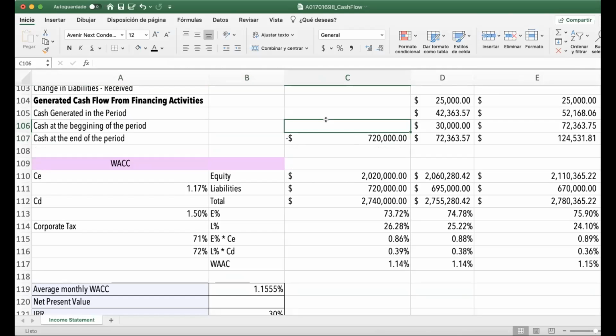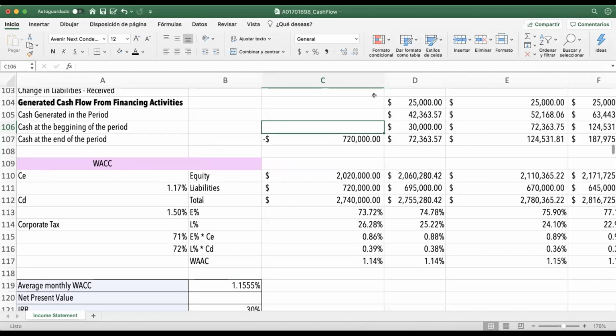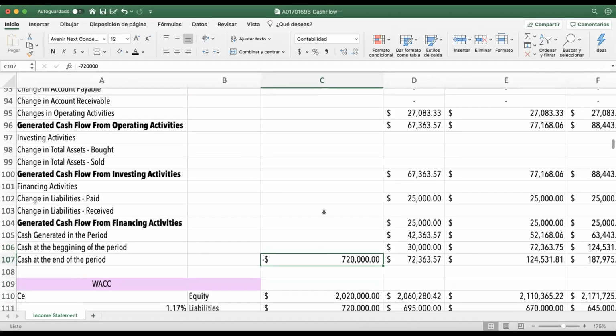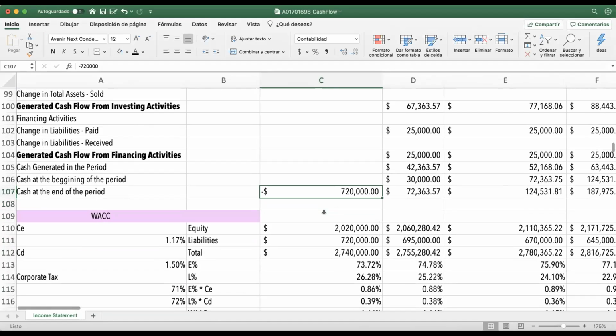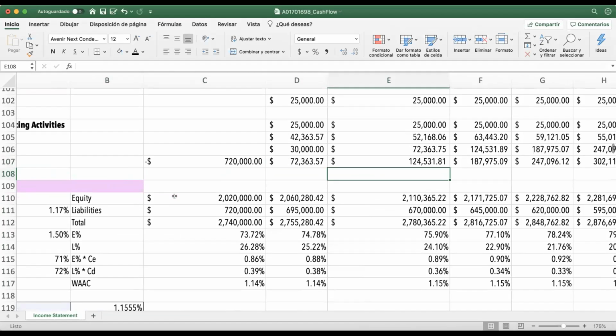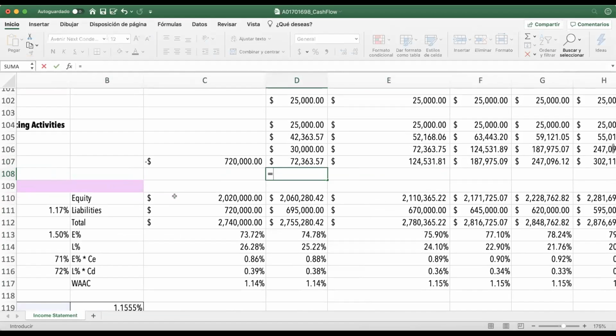So did you guys change? I forgot who is presenting. Aranza, right? Yes. So Aranza, did you replace your balance sheet with the balance sheet I uploaded in the homework? Yes. Okay. So take the 72,000 and go down to line 108, column D. Use equal, and then just take the above cell, the 72,000.